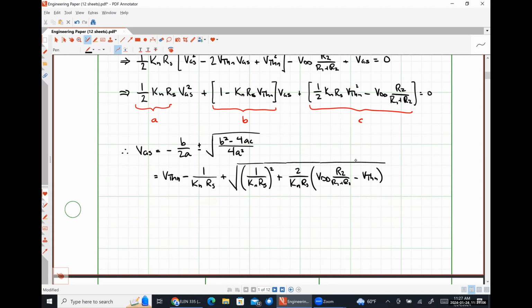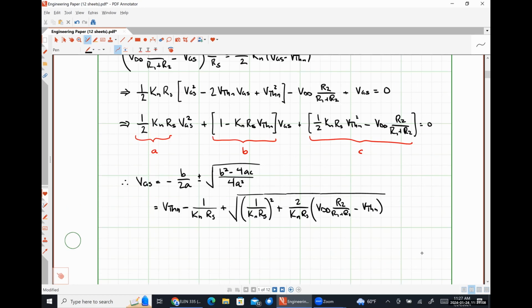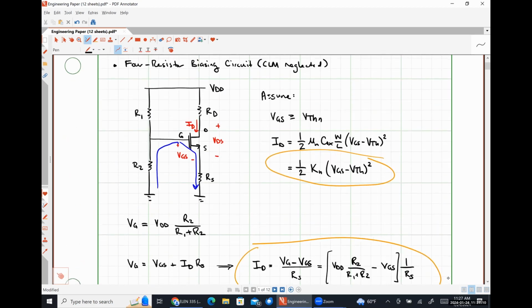So the only other thing that we really need to be concerned about is the quantity VDS, right? Because for our device to be in saturation, we need, and I did not write this down here, I probably should have, VDS is greater than or equal to VGS minus VTH. Yes, James.